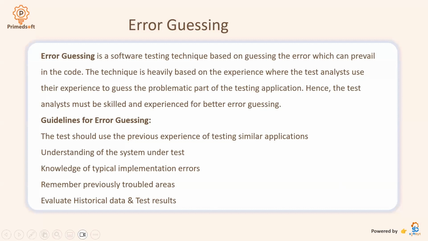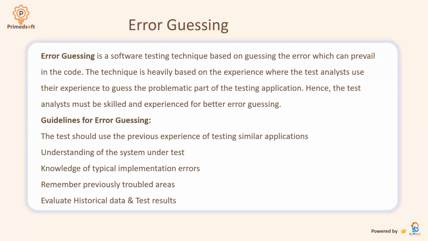Error guessing is a software testing technique based on guessing the errors which can prevail in the code. This one heavily relies on experience, where the test analysts use their experience, right, to guess the problematic parts of the application.